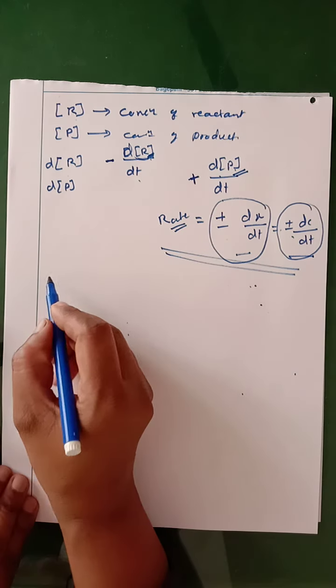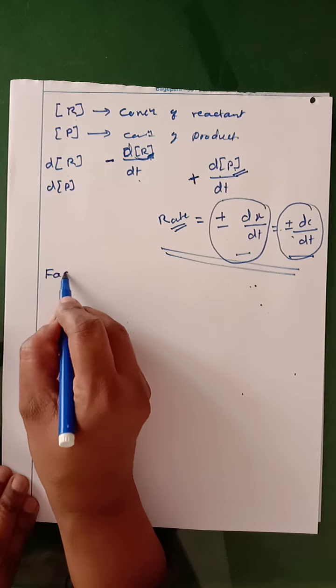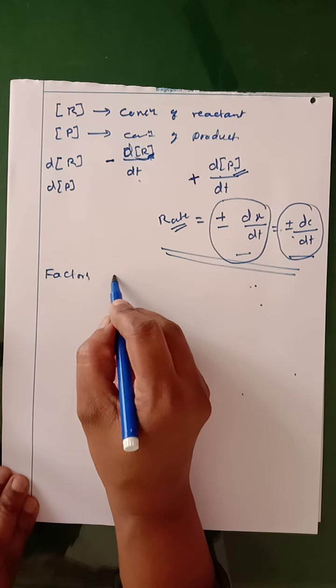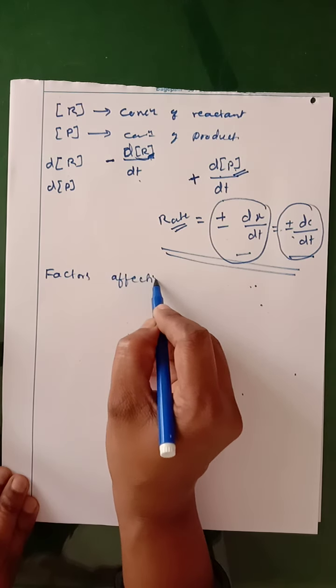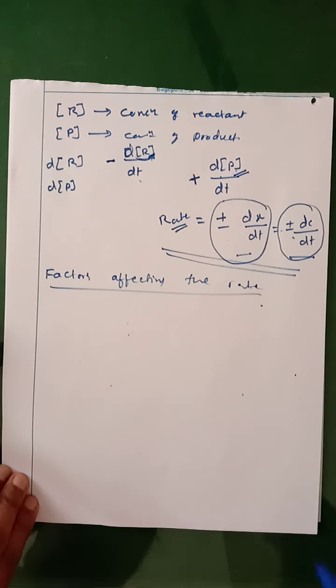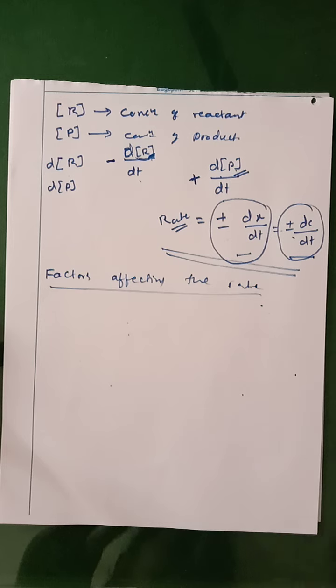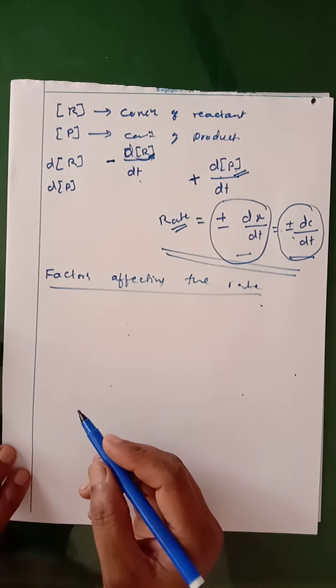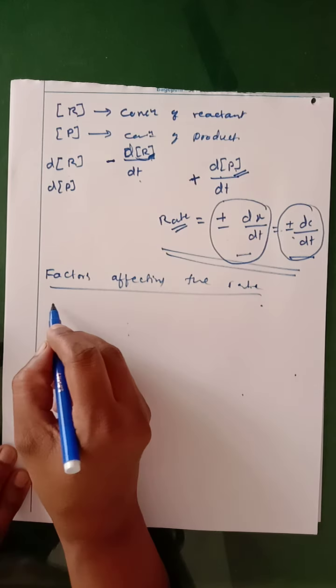And then we will go through the factors affecting the rate of reaction. So what are the factors which affect the rate of reaction? That we will study now. There are a number of factors which affect the rate of reaction.